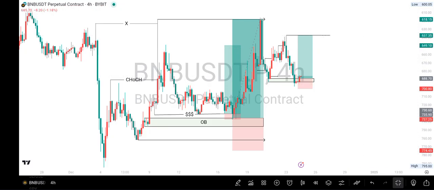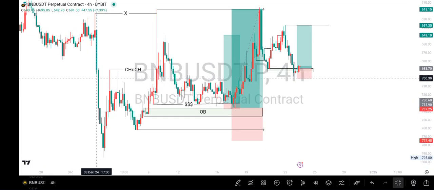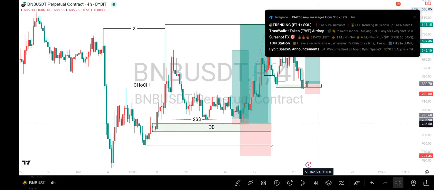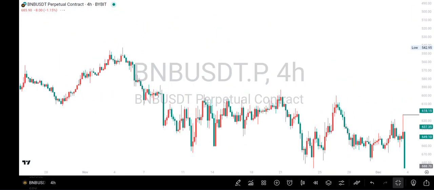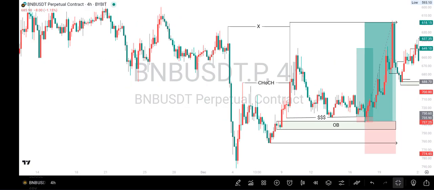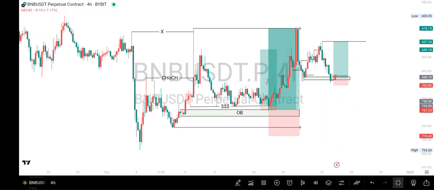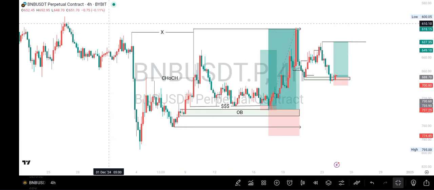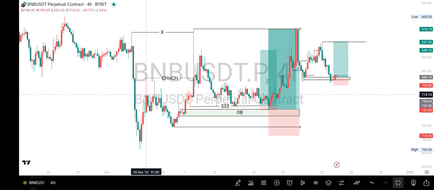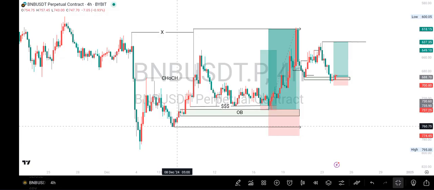All along you can see we're coming down, printing lower highs and lower lows, until this very moment here. This is the last lower high, because it's lower than this high. Market came down from this last lower high. Instead of breaking this last lower low to continue the trend, it didn't.